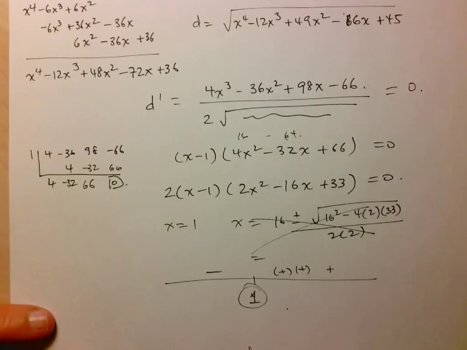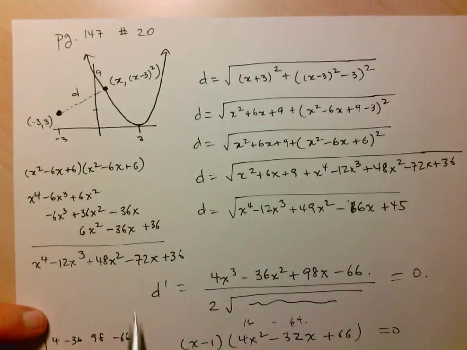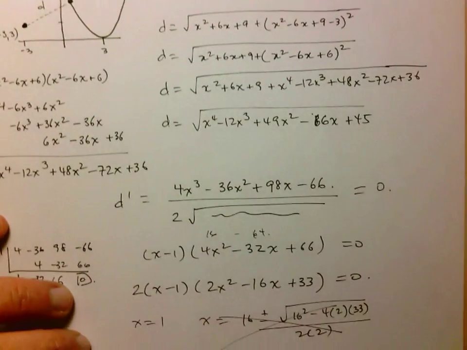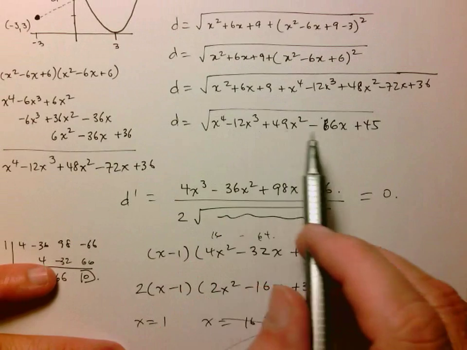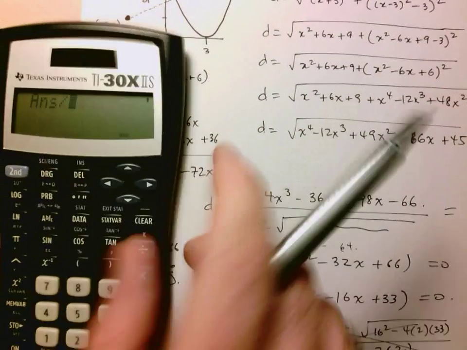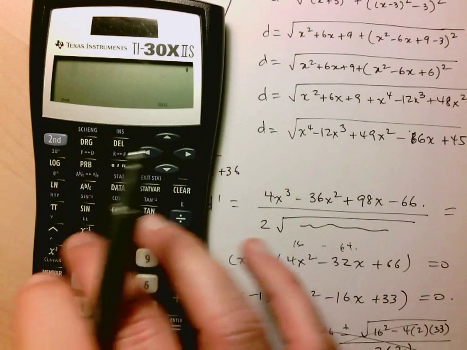Let's see what they're actually looking for. They're actually looking for the minimal distance, not the point at which it occurs. So the point at which it occurs would be when x is equal to 1. Okay, let's actually find the distance. Since it's x equals 1, that's pretty easy. Let's just put it into this equation. So distance is square root.